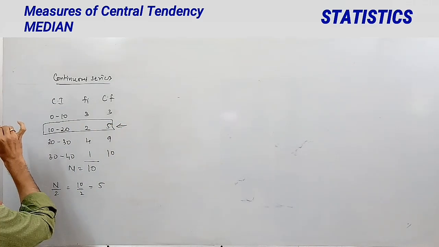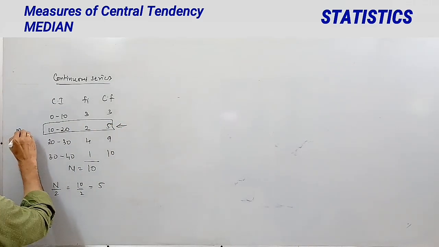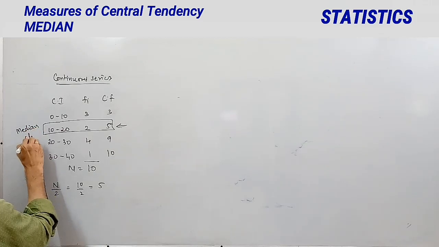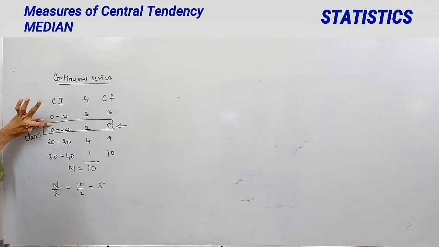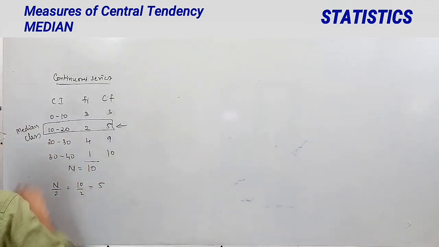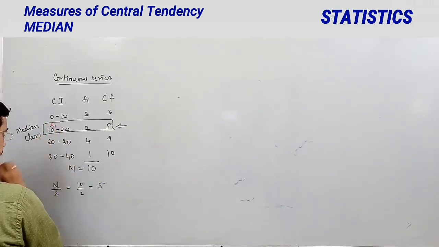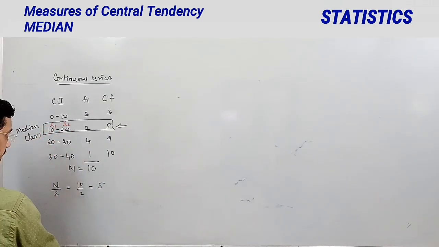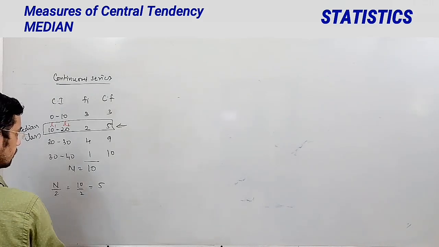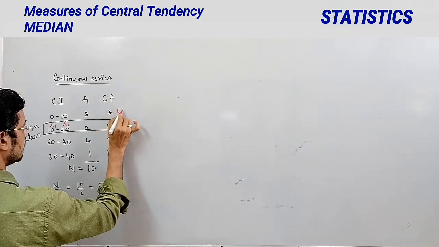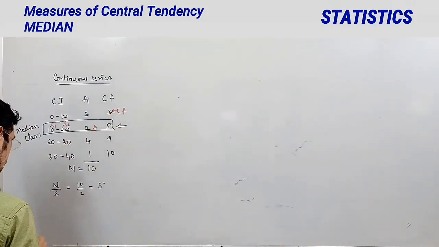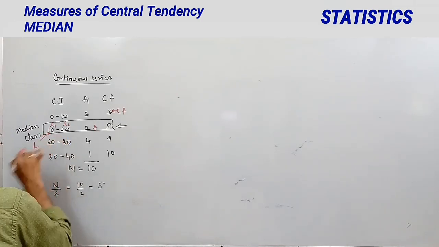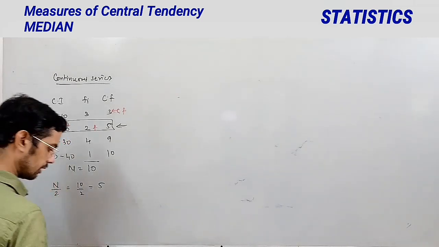This is the lower boundary point of the median class, or this is the upper limit of the median class. So this is L1, this is L2, this value is CF and this is F. We can take this as L also in the case of the normal formula.